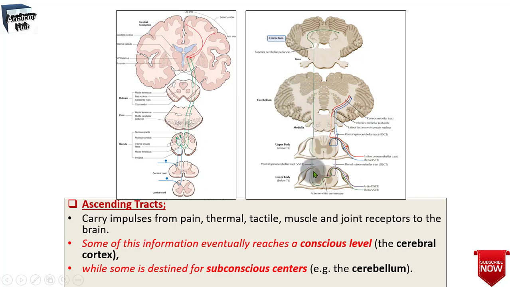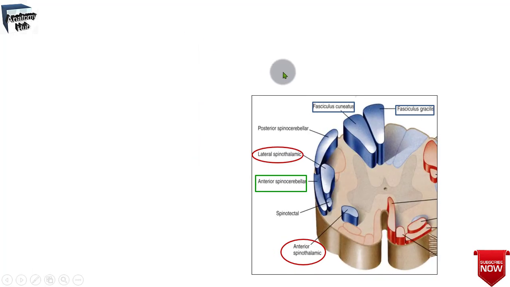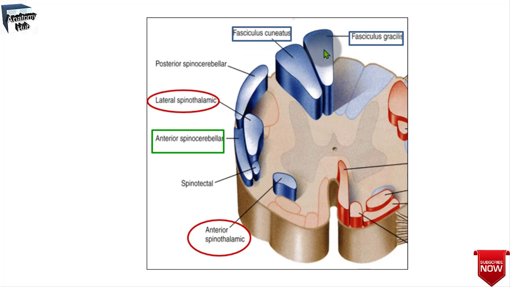So some tracts go to the cerebellum as subconscious tracts, and some tracts ascend upward up to the cerebral cortex as conscious tracts. Here we will find the fasciculus gracilis, fasciculus cuneatus, lateral spinothalamic tract, anterior spinocerebellar tract, and the anterior spinothalamic tract.